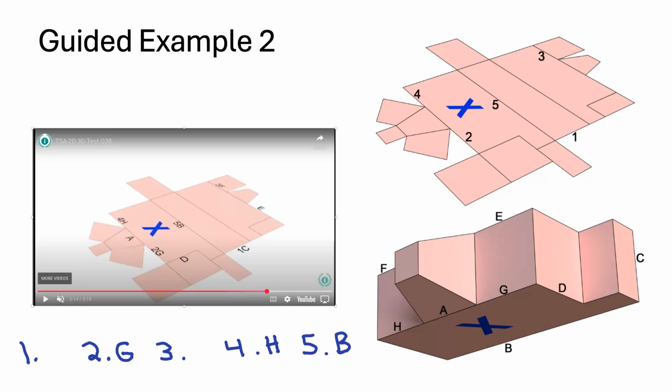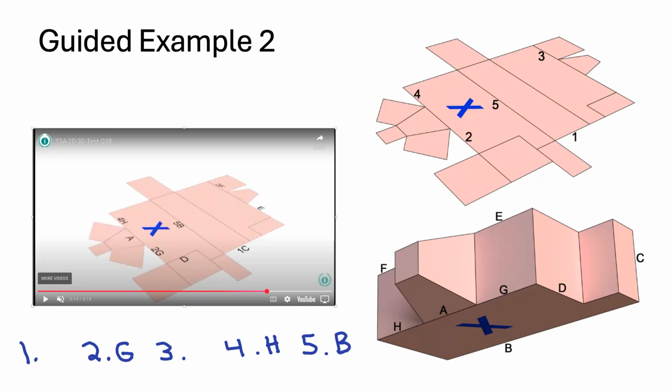So which is which? So let's start with 3. We see 3 is not associated with the face with the X. In fact, it's going to be essentially on the opposite side, because again, this is going to fold up like so, this face with the X, and this opposite side will also fold up like so. So because of that, we can see that we basically have 2 options.